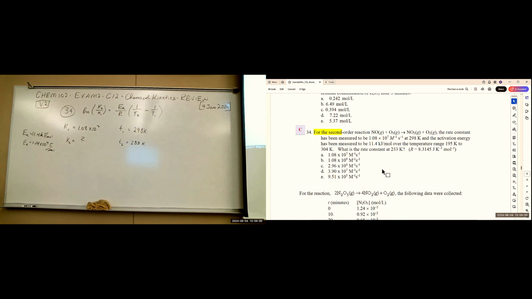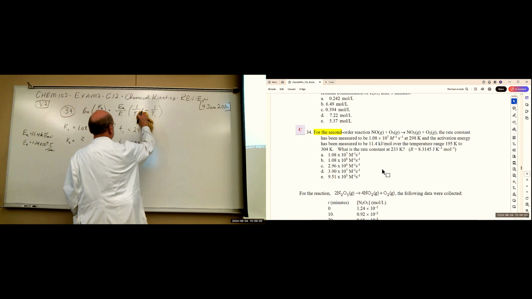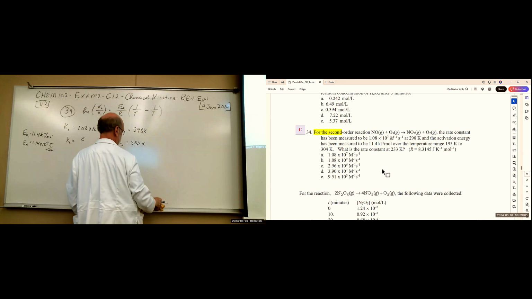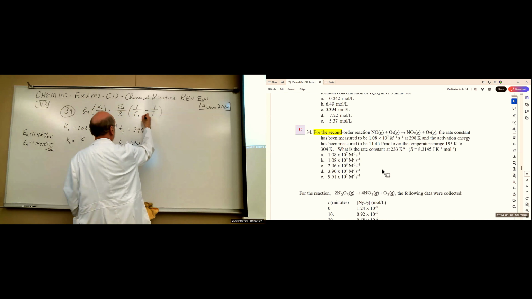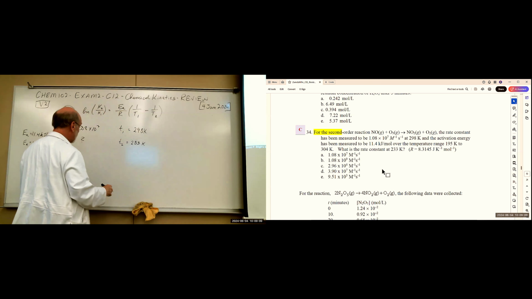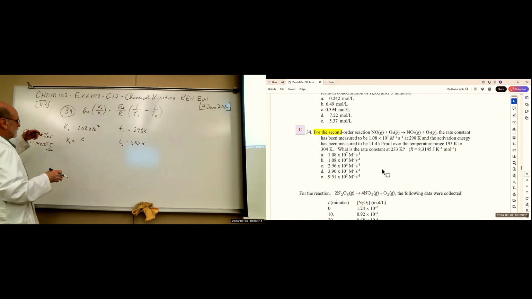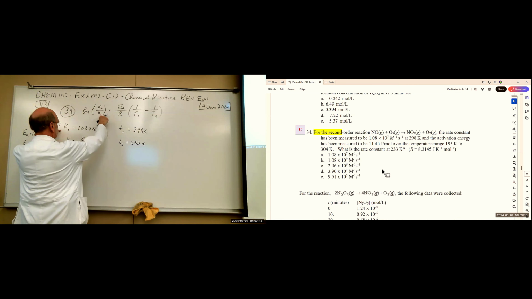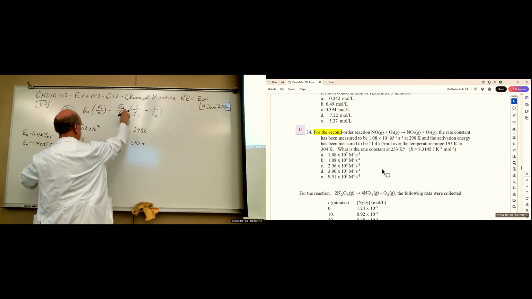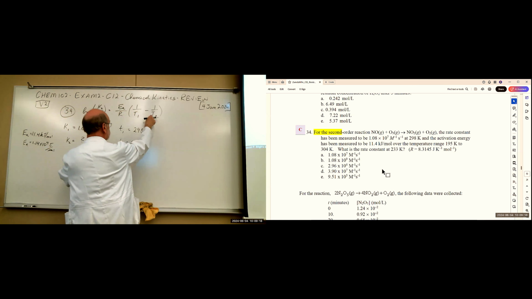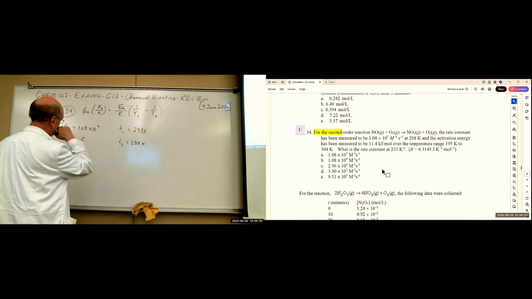I got it backwards, so yeah, 1 comes first. 1, 2, there we go. Okay, so do we have what we need? We got this one. We got that one. We know that's a constant. We got these two. Yeah, we can solve them.